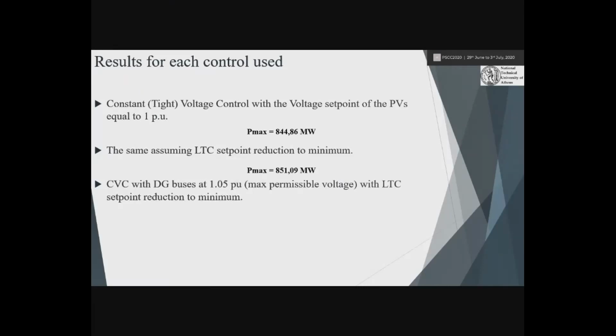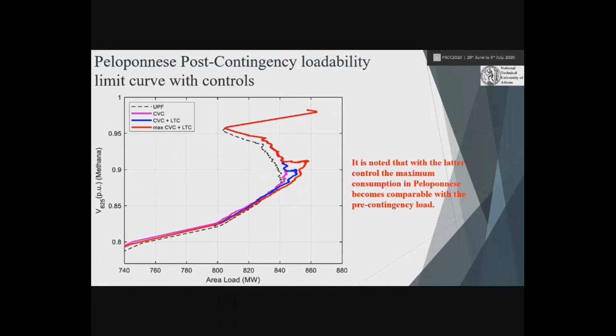As a last simulation, we set the voltage set point of the PVs at 1.5 per unit, which is the maximum permissible voltage, and the LTC to the minimum, obtaining an even greater increase in the maximum power transfer.